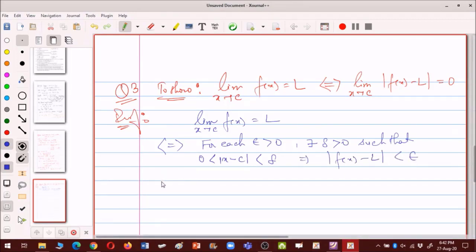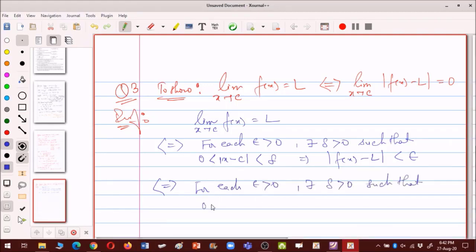And this is equivalent to writing for each epsilon greater than 0 there exists delta greater than 0 such that 0 less than |x minus c| less than delta implies, now I want to express this in terms of this, so I can write the above like this: |f(x) minus L minus 0| is less than epsilon.